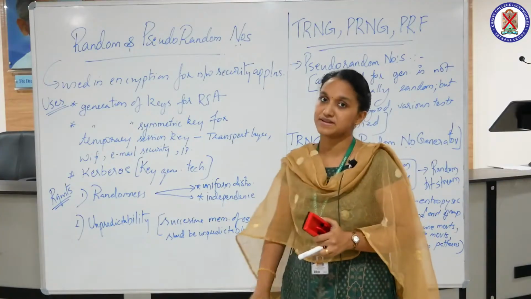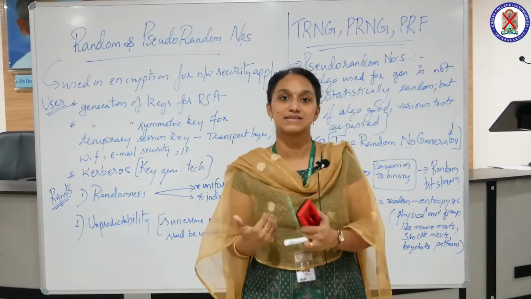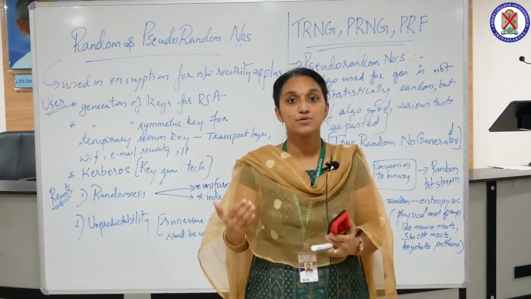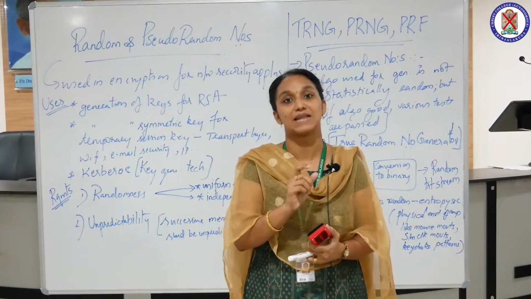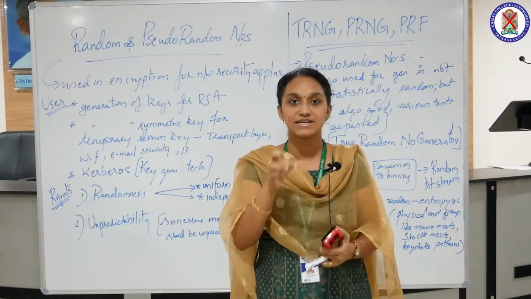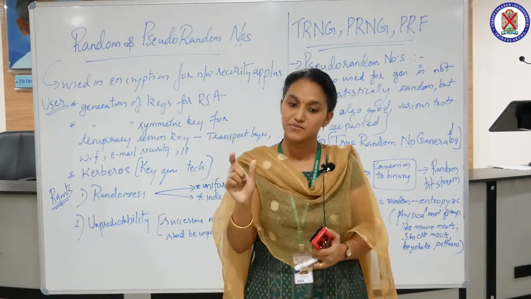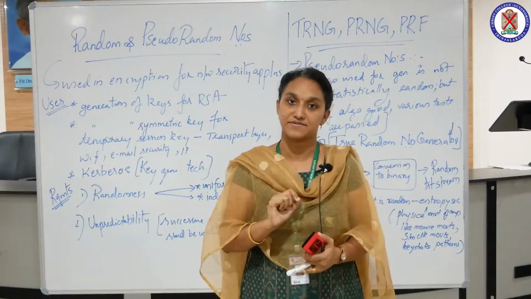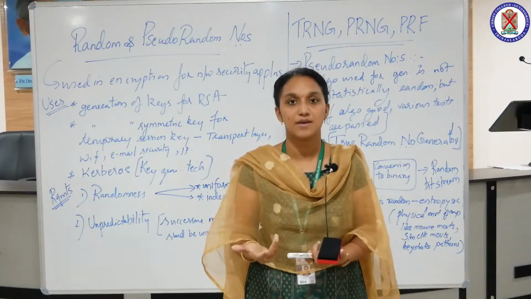The second one is independence. A subsequence is derived from a sequence, and there should not be another sequence from which the same subsequence can be derived. That is, we have a sequence ABC, and from this I derive BC. There should not exist any other sequence from which BC can be derived. What is our aim?